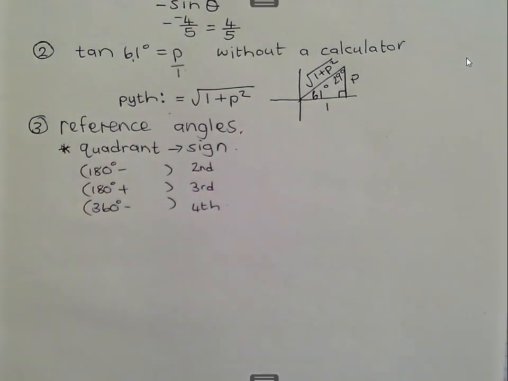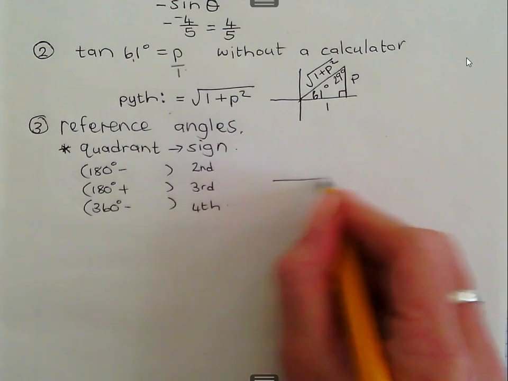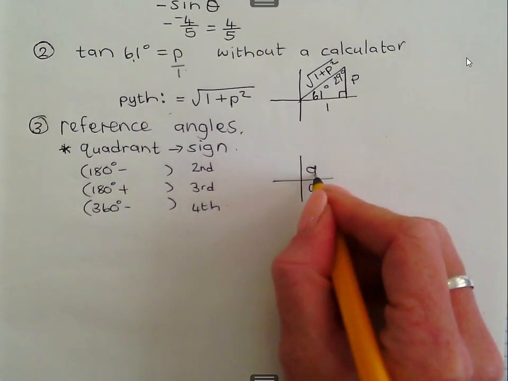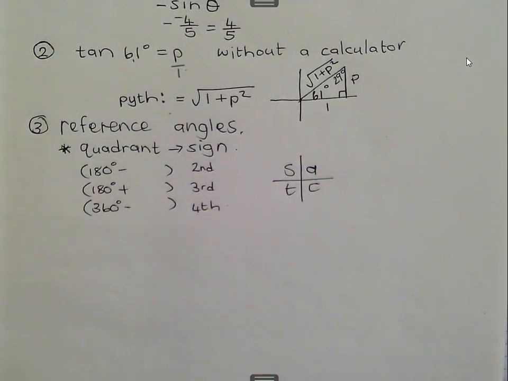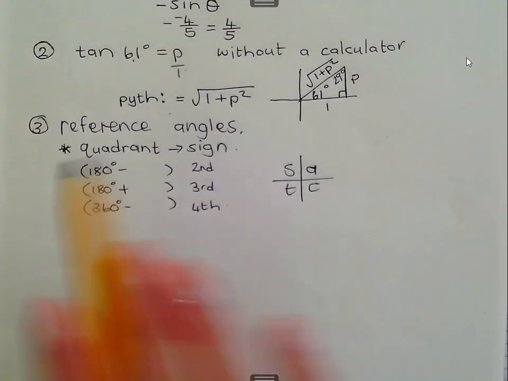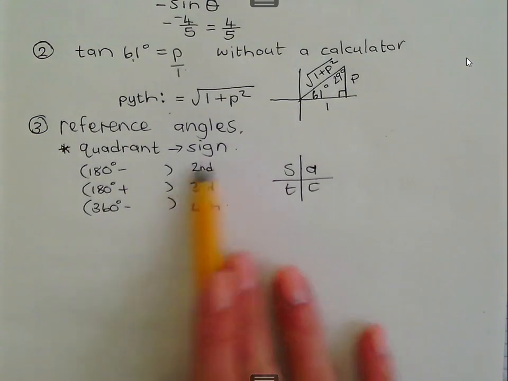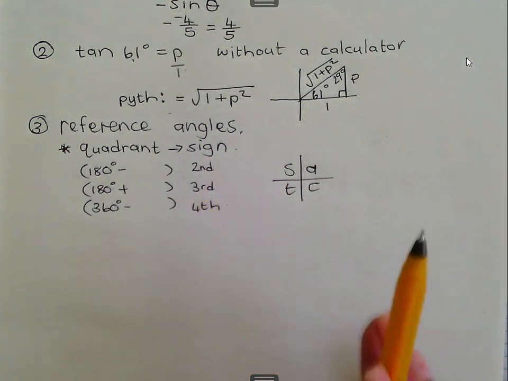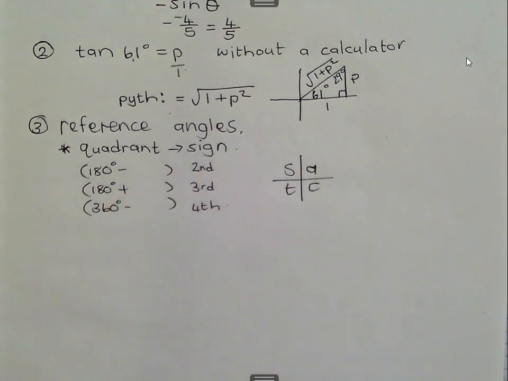And once you've determined which quadrant you're in, you go to the cast diagram to determine, because there's going to be a function there, sin, cos, or tan on the left hand side. So you just use the cast diagram and which quadrant you're in to decide whether it's going to be positive or negative. That's all that one does. It only changes the sign.